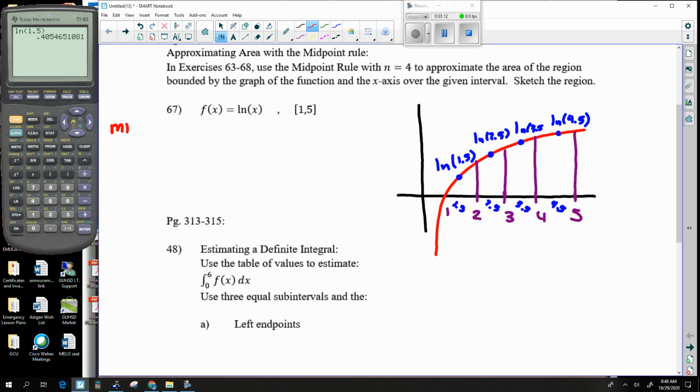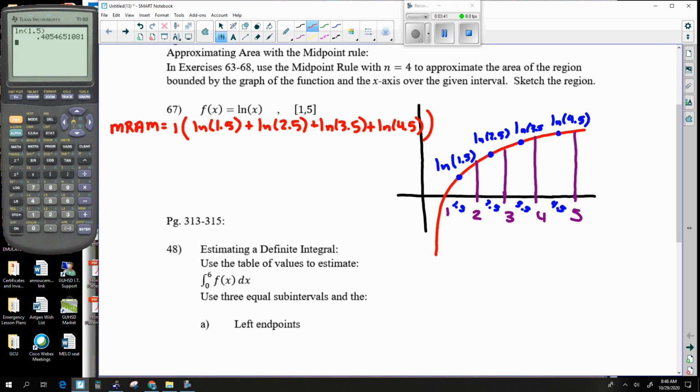What is the MRAM, in essence? That's what they want us to know. And so that will be a base of 1, which is going to be consistent. And then we have the ln of 1.5 plus ln of 2.5 plus the ln of 3.5 plus the ln of 4.5.